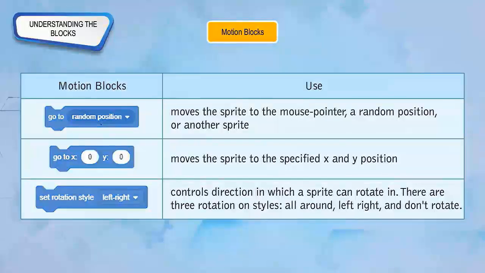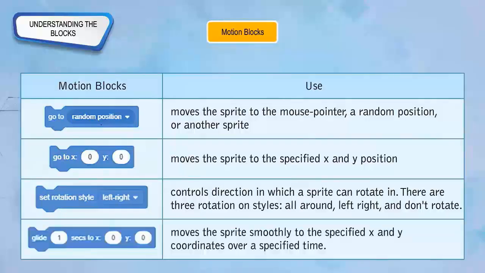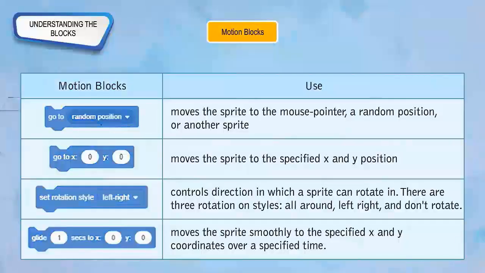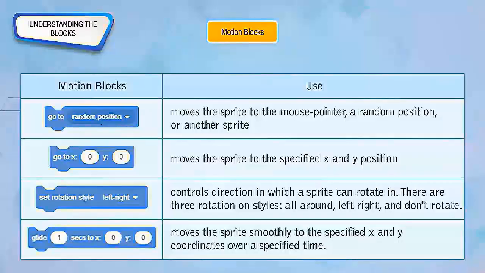There are 3 rotation styles: all around, left-right, and don't rotate. Glide 1 seconds to X, 0, Y, 0. Moves the sprite smoothly to the specified X and Y coordinates over a specified time.